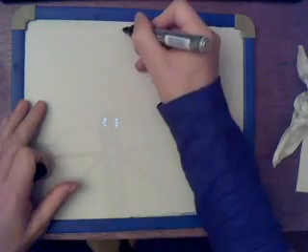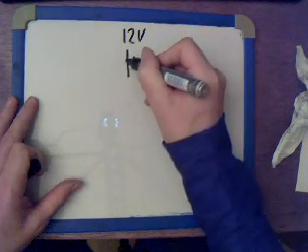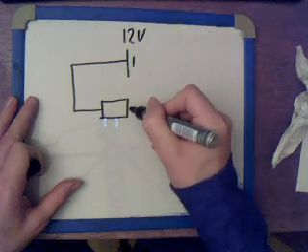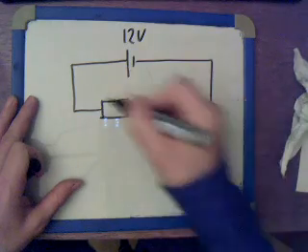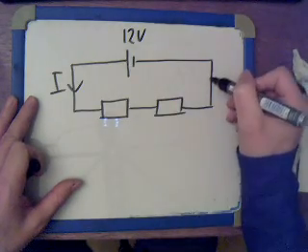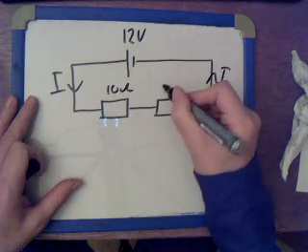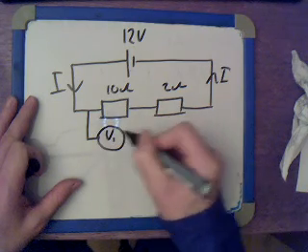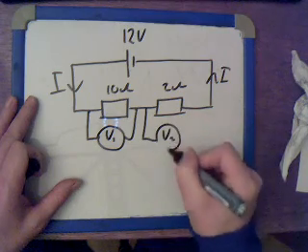So here we go. 12 volt supply, 10 ohms, 2 ohms, current going in, and across, so this is our 10 ohms, 2 ohms, and we have a voltmeter V1 across there and a voltmeter V2 across there.